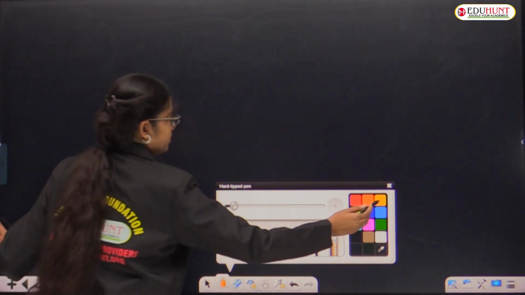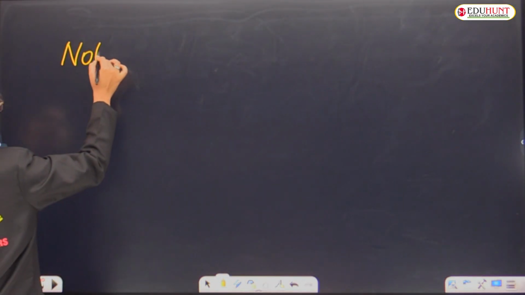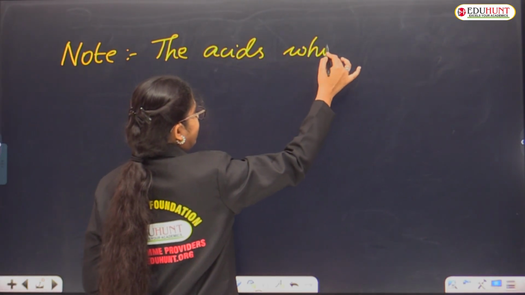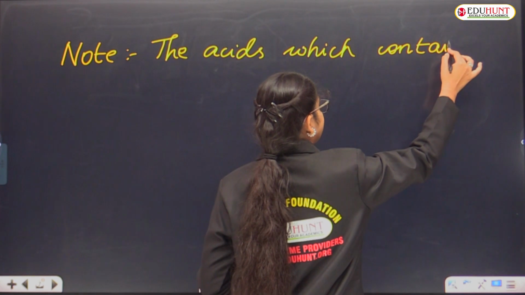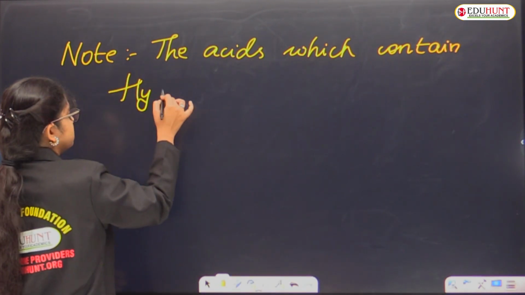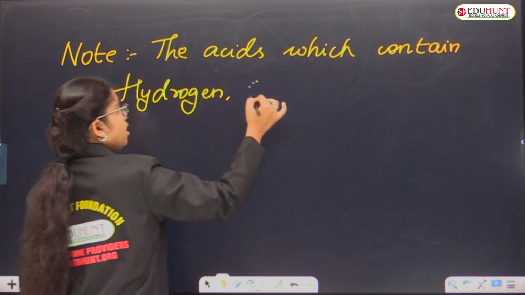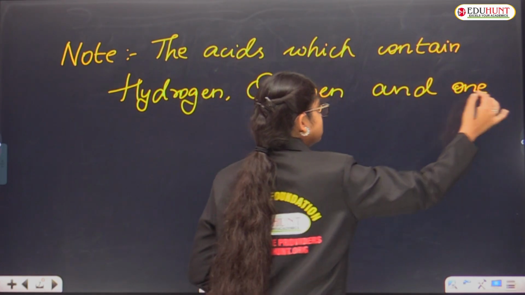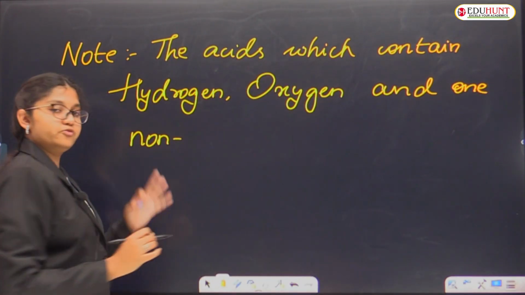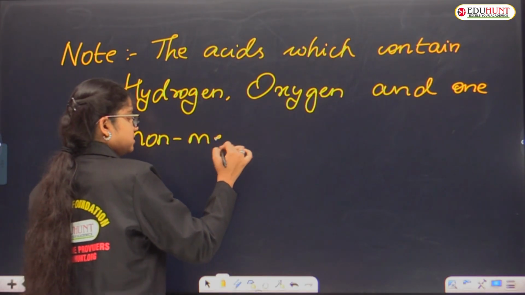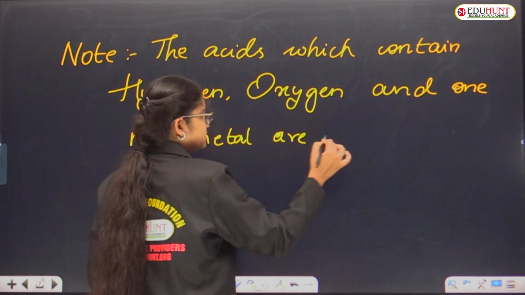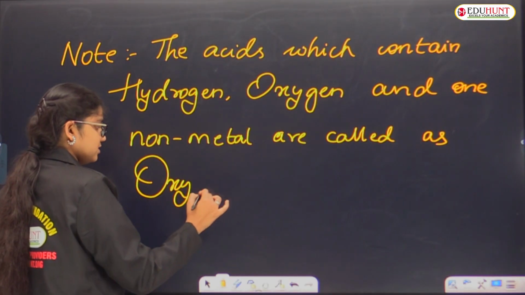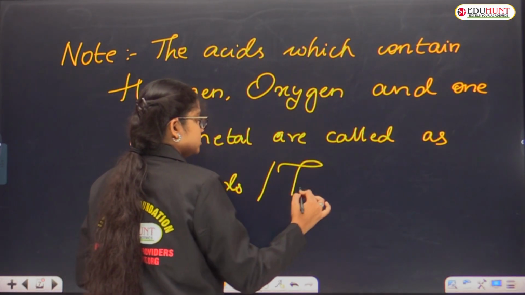The acids which contain hydrogen, oxygen and 1 non-metal, the inclusion of 3, are called oxyacids, also called ternary acids.